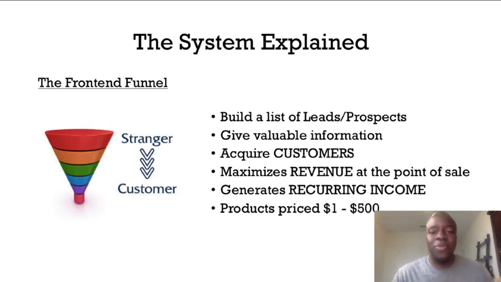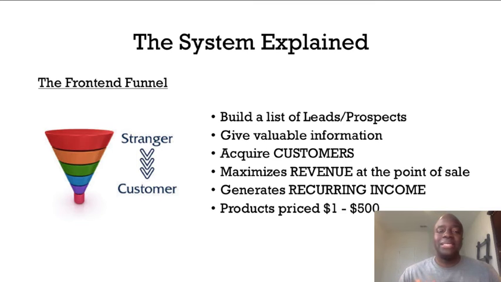So the front end sales funnel is basically going to be used to collect leads and get prospects. You're going to be giving away valuable information and content to build some trust and rapport. You're also going to be acquiring customers at this stage too. And then you're going to be maximizing revenue at the point of sale with some upsells. And you're going to be giving opportunity to generate recurring income, because that's an important factor when you're doing online business.